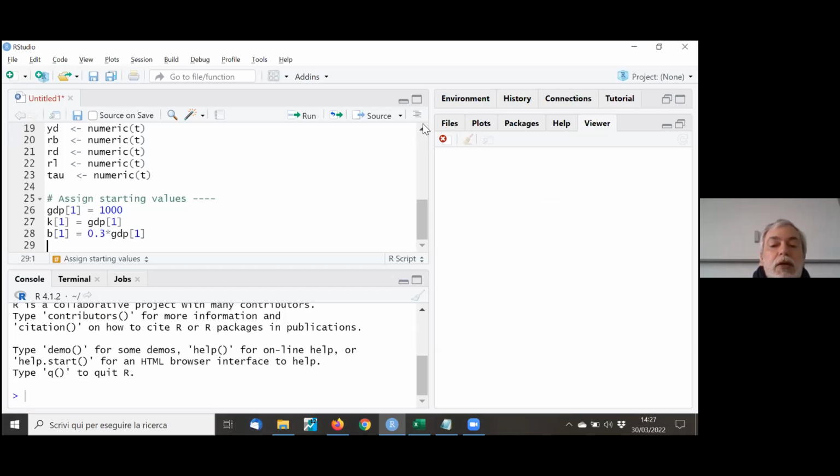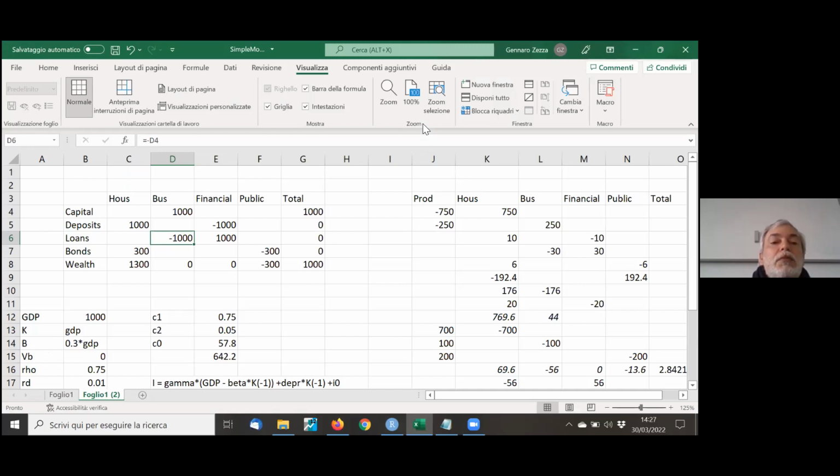Yeah, let's say that loans are equal to the stock of capital, deposits are equal to loans, so that the wealth of households is equal to bonds plus deposits. And this closes the balance sheet.